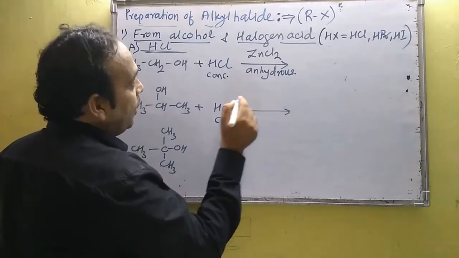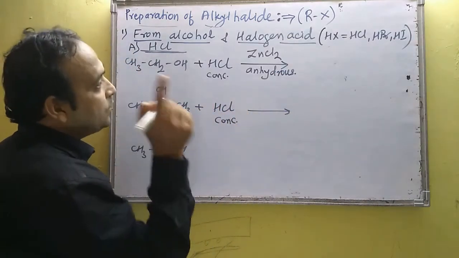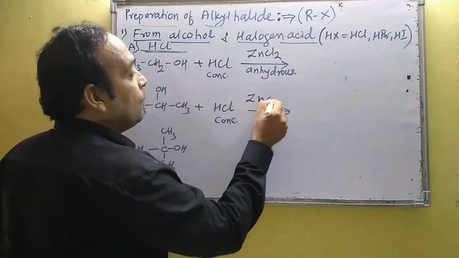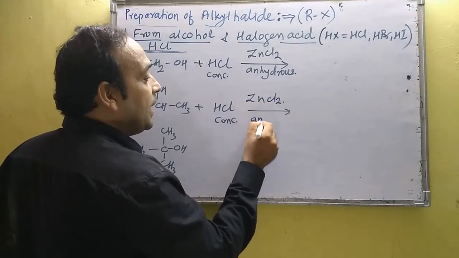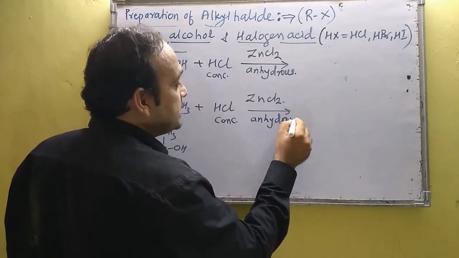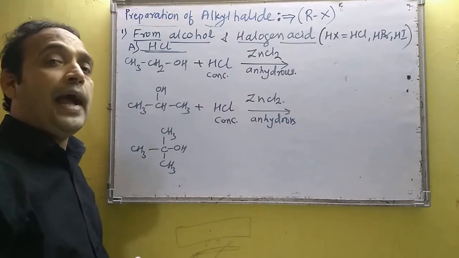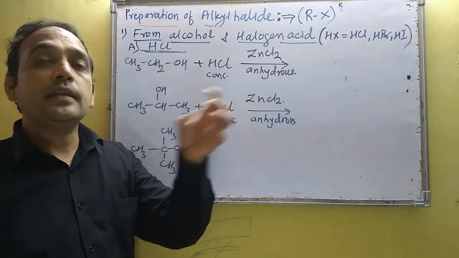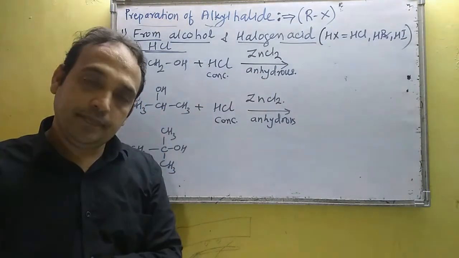So for alcohol reacting with HCl, for primary and secondary alcohol, what is the arrow condition? Concentrated HCl in presence of anhydrous zinc chloride. Anhydrous means dry, without water.